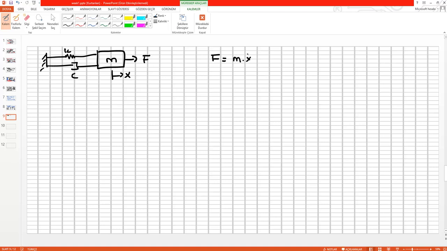Some energy should be consumed with this term. And another term: some energy should be consumed in the damper coefficients, and some energy should be stored in the spring, right? And so this is the storage. We cannot recover this energy in here, and so it is the loss energy, right? And what is that?